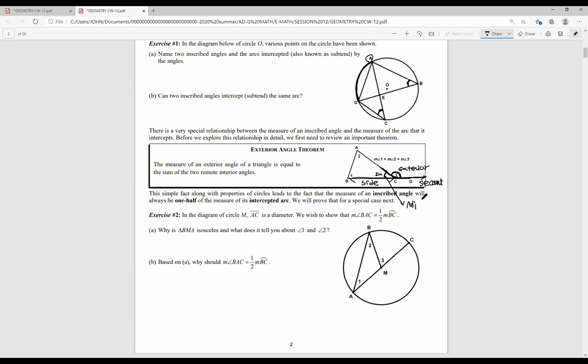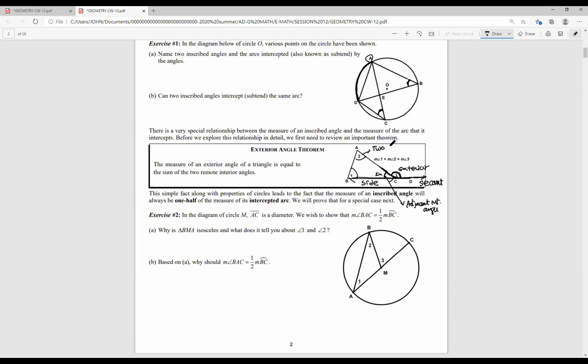Adjacent interior. But what about the other two? Non-adjacent, or remote interior angles.